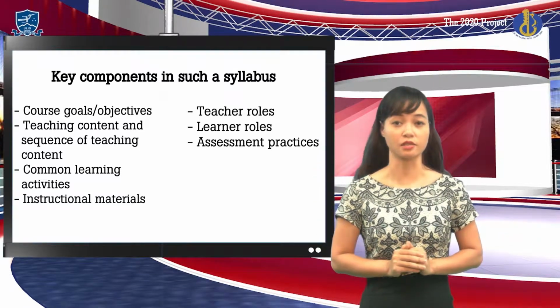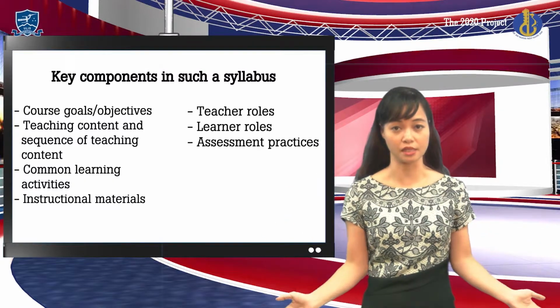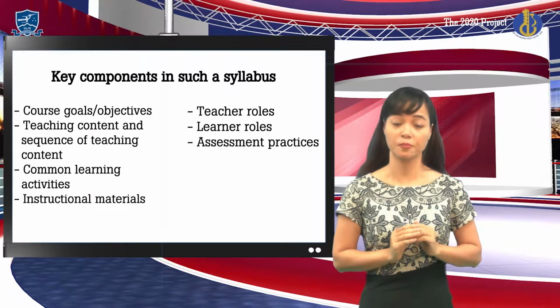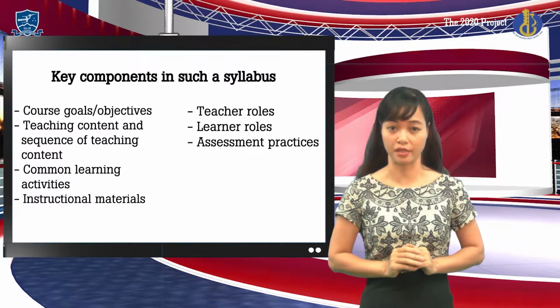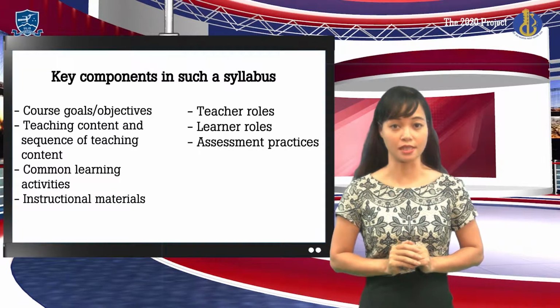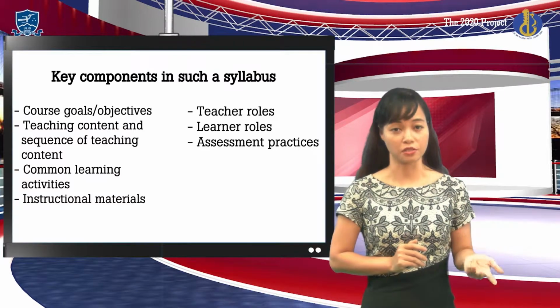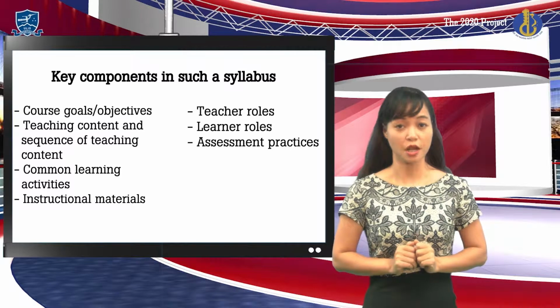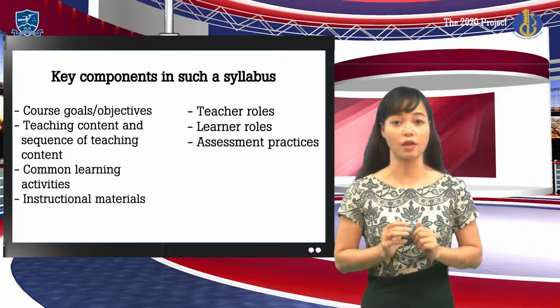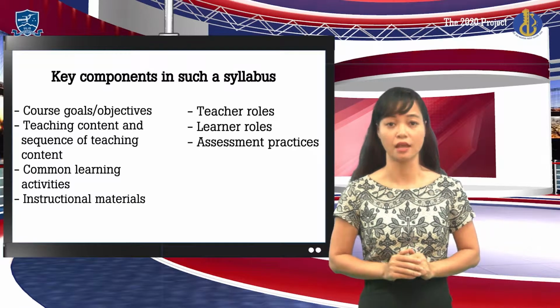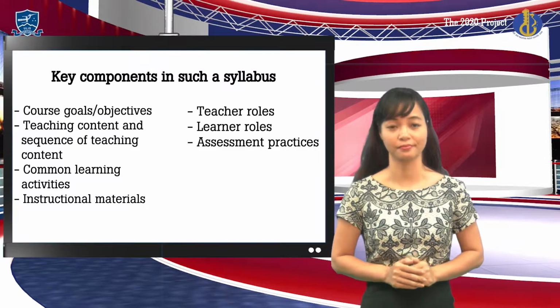Teaching content is often built up around these competencies and sequenced from simple to complex. Classroom activities should be performance-based. Some common activities are role plays, simulations, and skills demonstrations. Instructional material should be directly relevant to the target competencies and suitable for learners' needs, interests, and abilities.